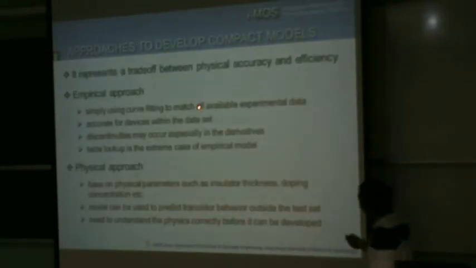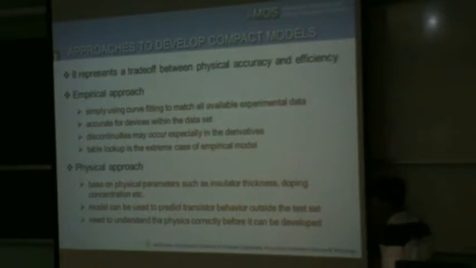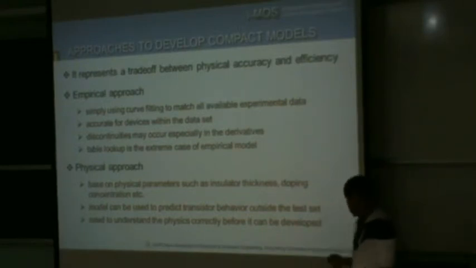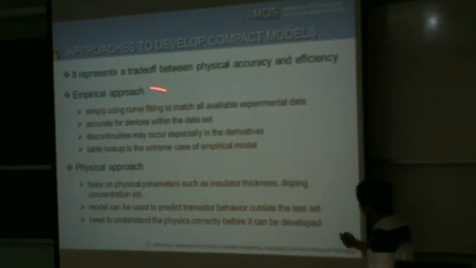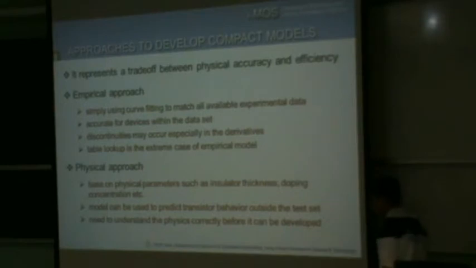Now, if you look at a compact model, it represents a trade-off between physical accuracy and efficiency. Of course, different people have different needs in using the model. When you develop a compact model, there are also two different approaches, in general. One approach is called the empirical approach. What it does is, I don't care about what the characteristic is, I don't need to know the physics.